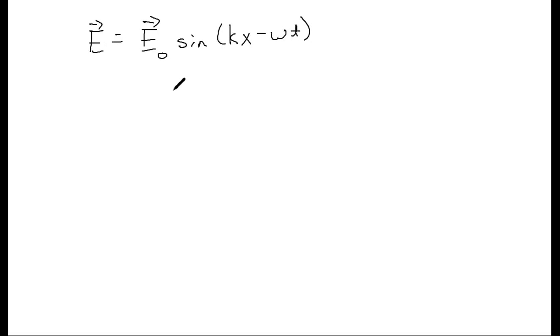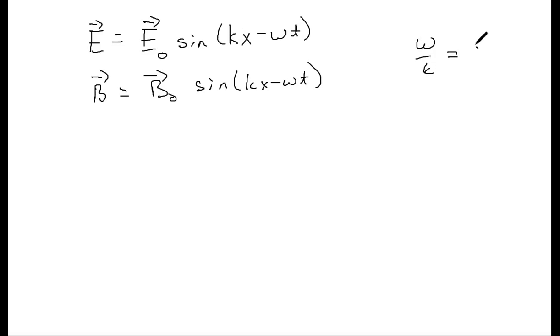This is going to be for a right moving planar wave. And similarly, we'd have B equals B naught times sine of kx minus omega t. Where, as with the 1D waves, we must adjust the parameters k and omega such that omega over k equals the speed, which is c.